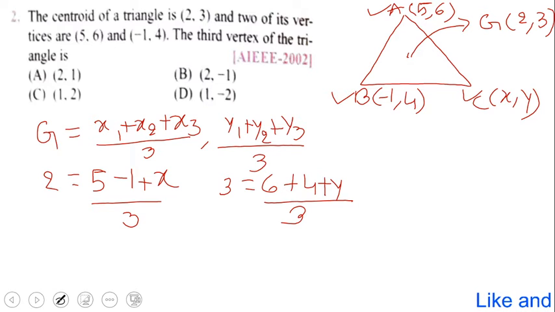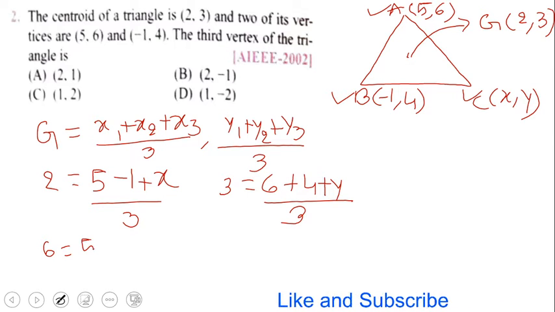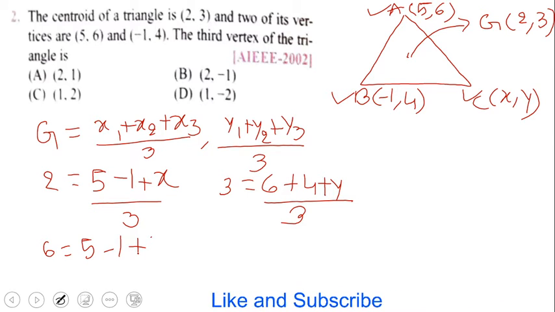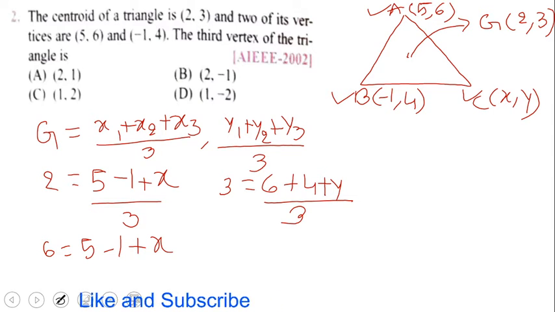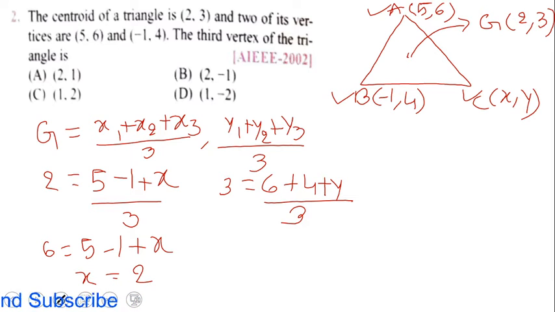Let's write the solution. Transposing the 3 to the left side, 3 into 2 is 6 = 5 - 1 + x, so 5 - 1 is 4, and transposing 4, 6 - 4 gives x = 2.